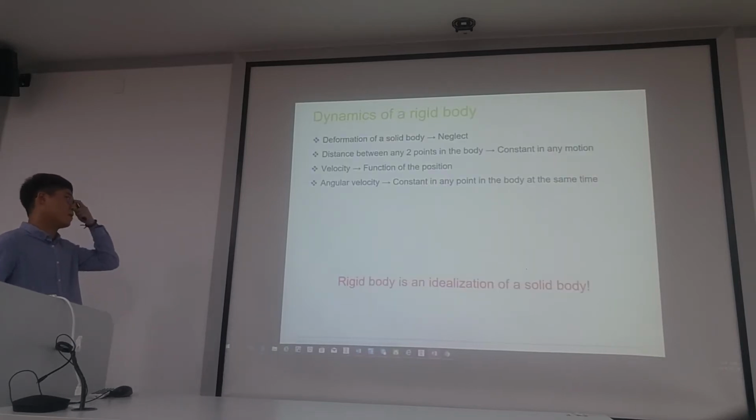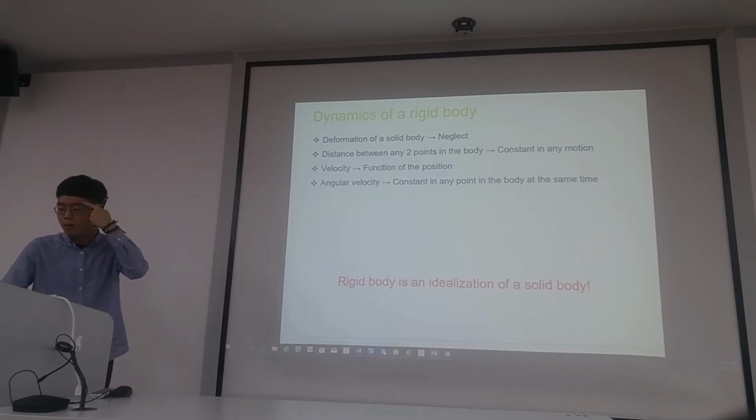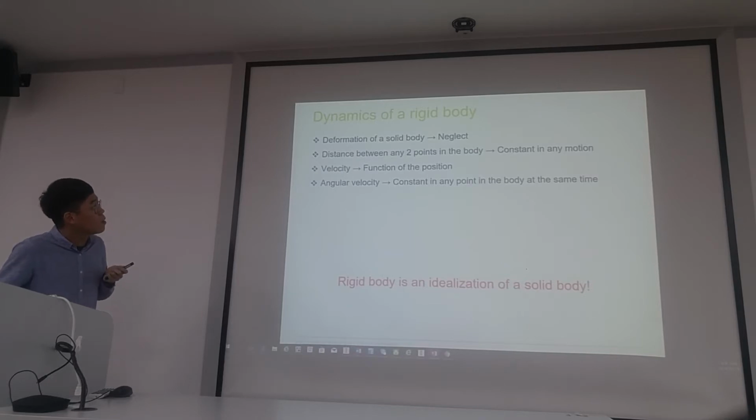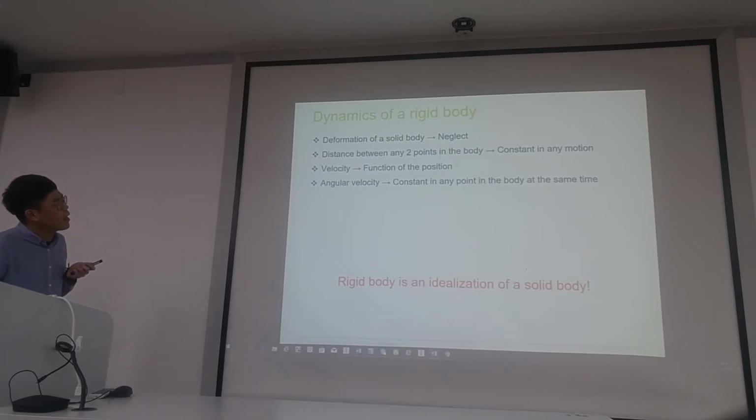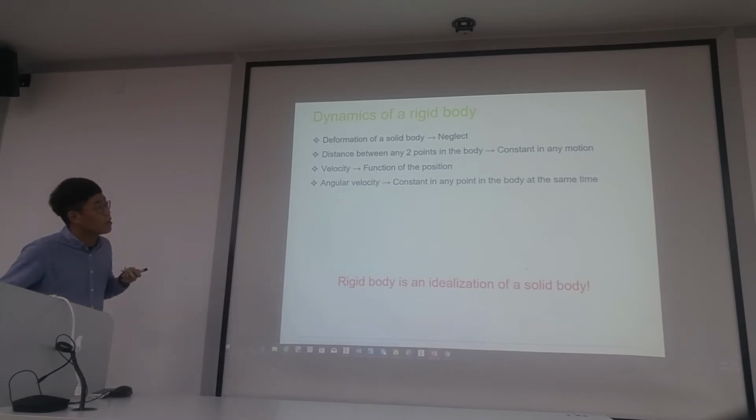Also, in dynamics, the rigid body concept is very powerful and reasonable for analysis of solid bodies such as aircraft or ships. A rigid body is assumed to be a non-deformable solid body, and the distance between any 2 points in the body is constant during the motion.